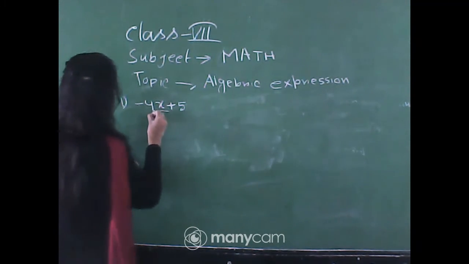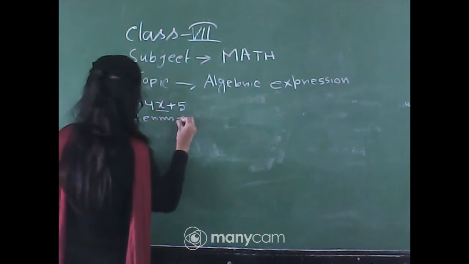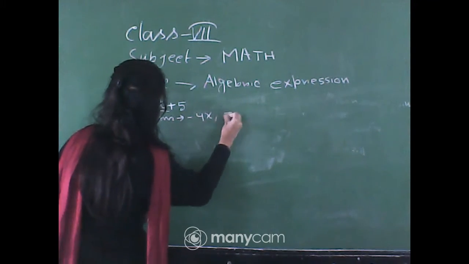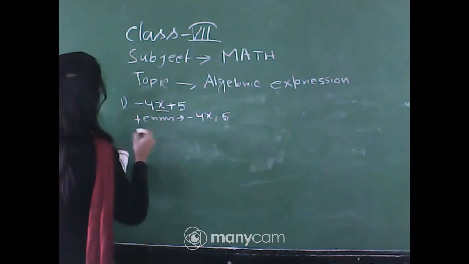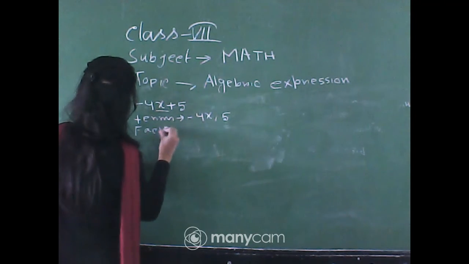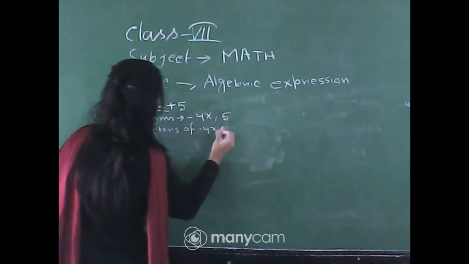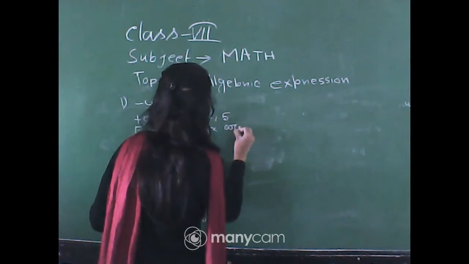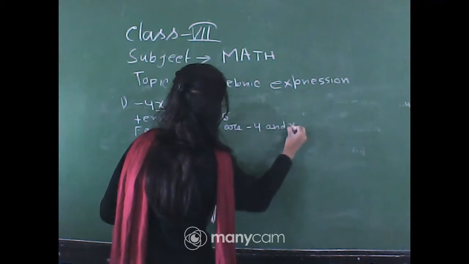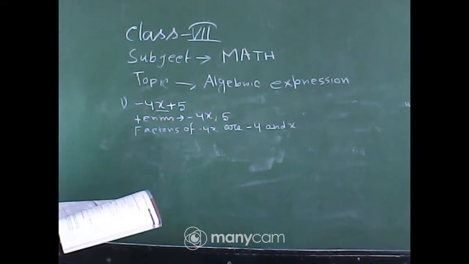The terms of this algebraic expression are minus 4x and 5, and factors of minus 4x are minus 4 and x, because this term is the product of minus 4 and x.